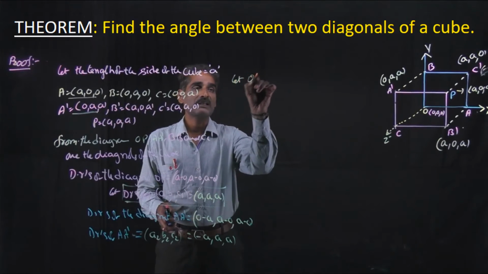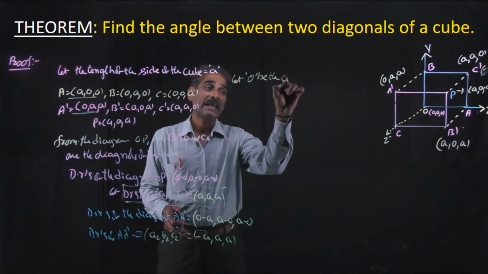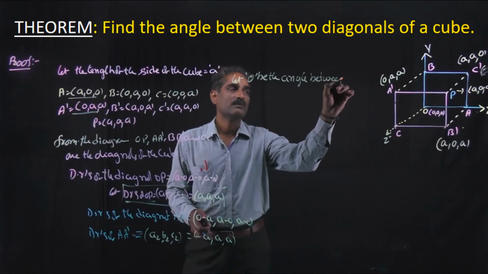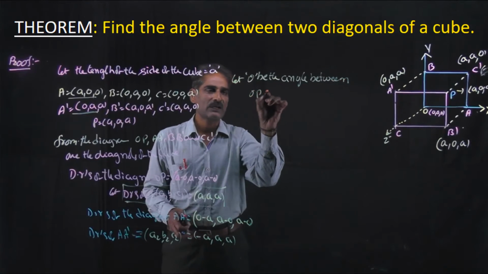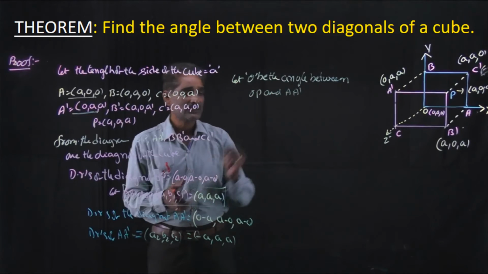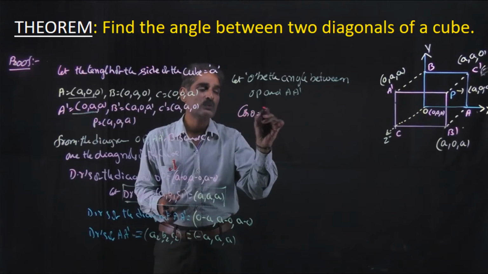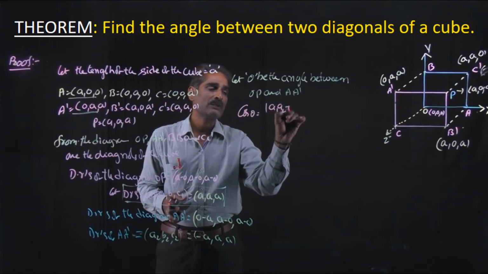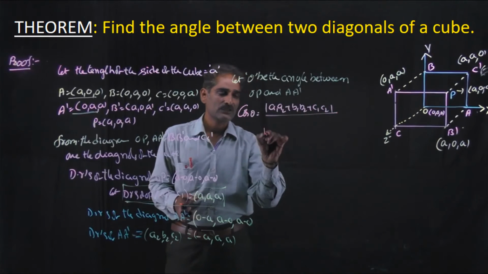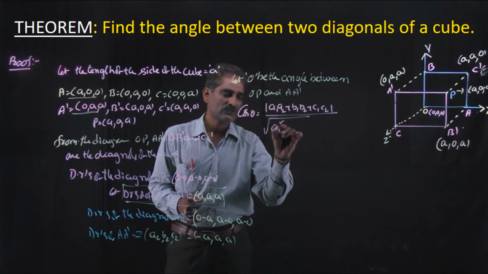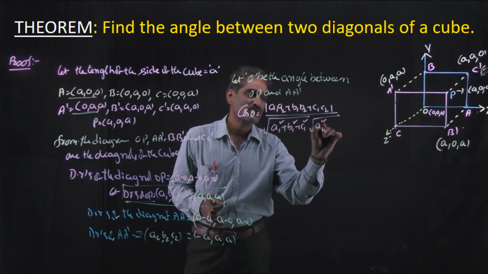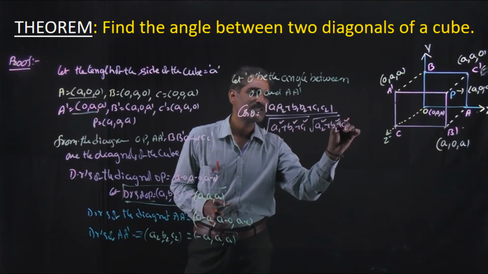Let theta be the angle between OP and A dash. Therefore, what is the formula? cos theta is equal to a1 a2 plus b1 b2 plus c1 c2 by square root of a1 square plus b1 square plus c1 square into a2 square plus b2 square plus c2 square.